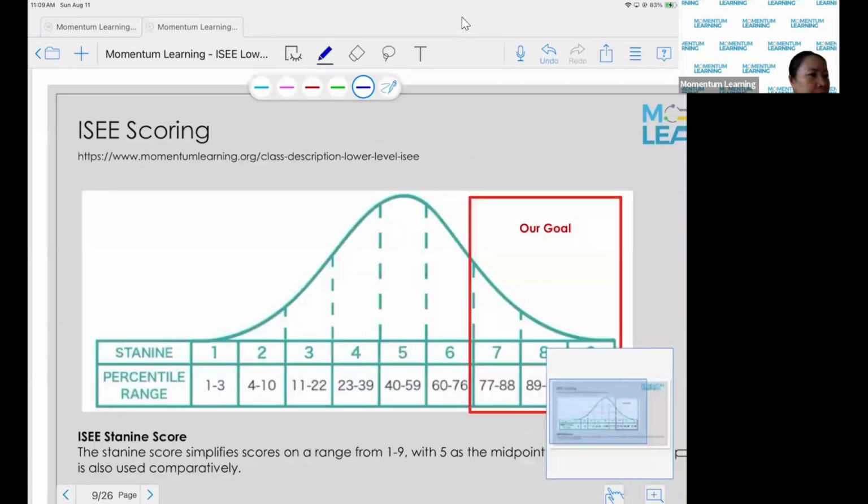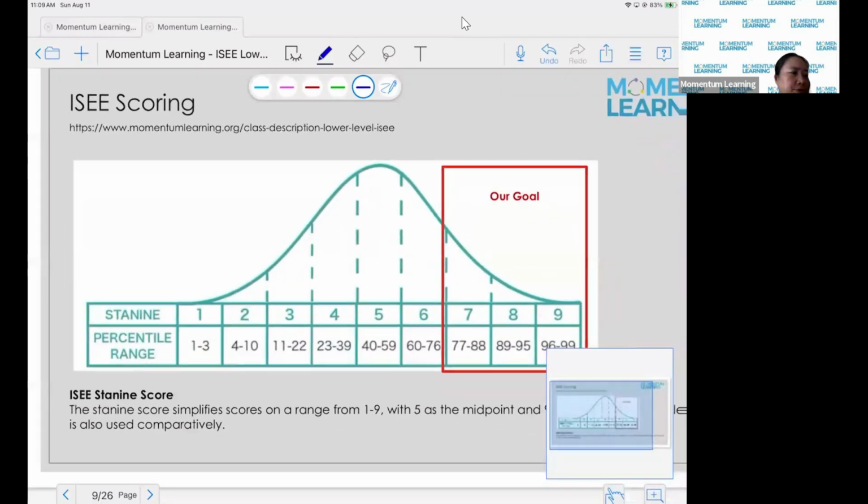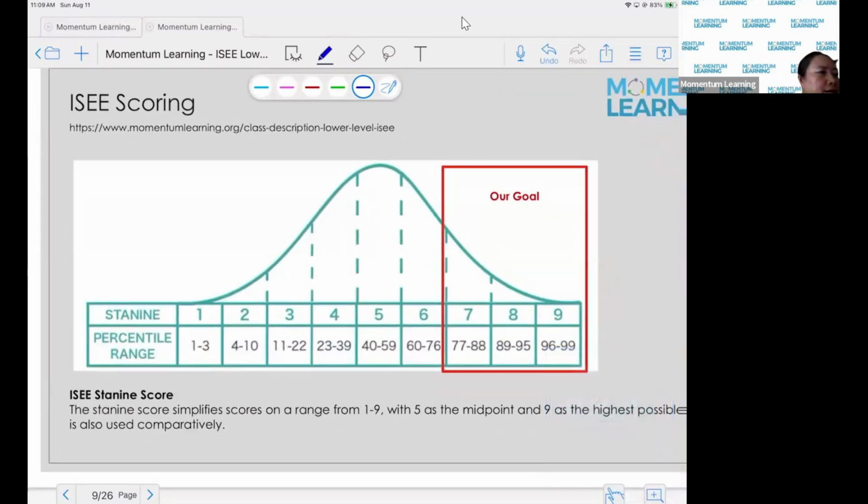The most important one is here: at the end you will have the stanine score. The numbers at the bottom are the percentile range, that's the ranking. If your stanine is only 1, then your ranking is only about 1% to 3%.